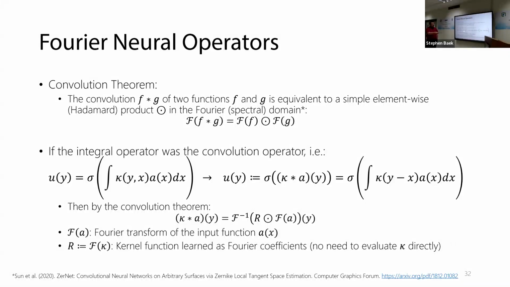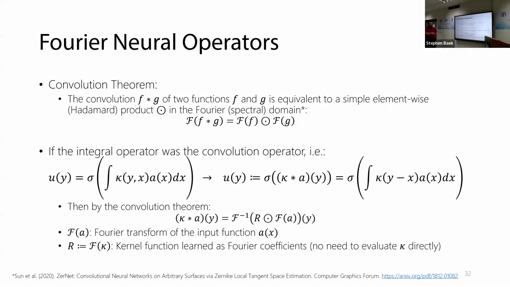And this is a generic form of that convolution operator. In the rigorous formulation of the integral operator, we introduced the assumption that kappa of y, x equals kappa of y minus x.